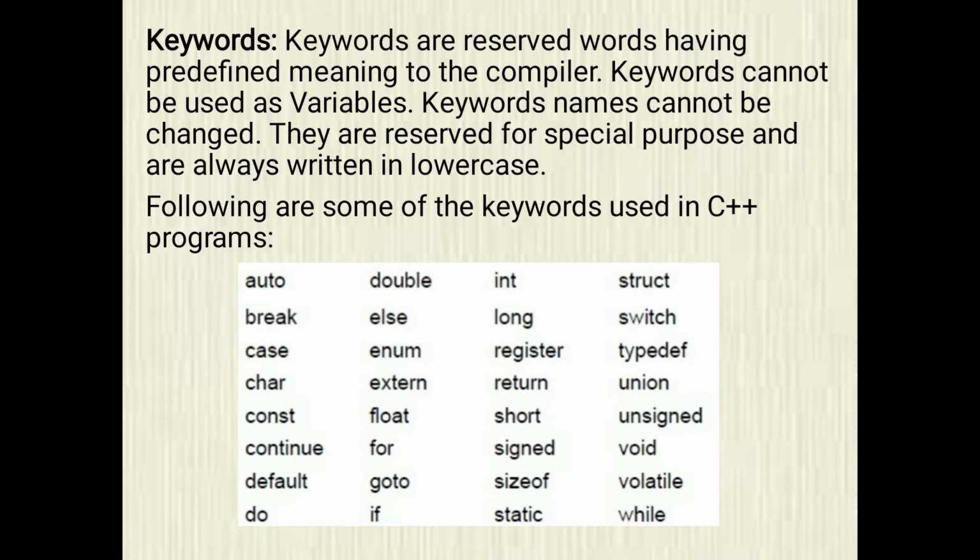The user defines the variable names, and the keywords are predefined, so they are fixed. Also, they are always written in lowercase letters. So int cannot be written in capital letters. It has to be written in small letters or lowercase.